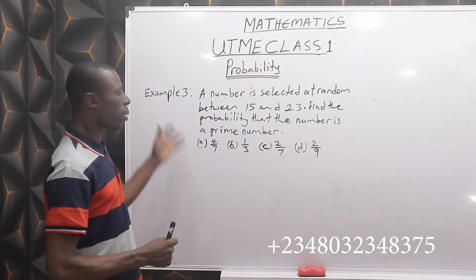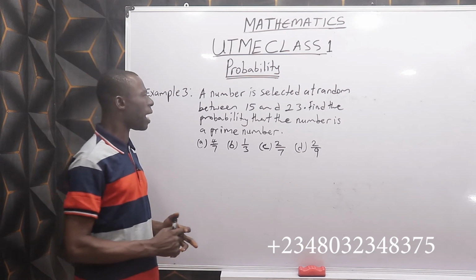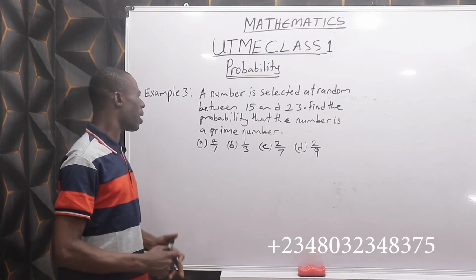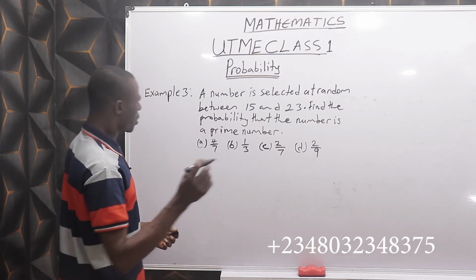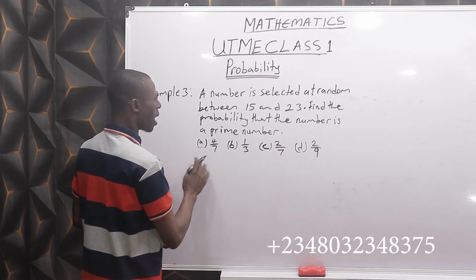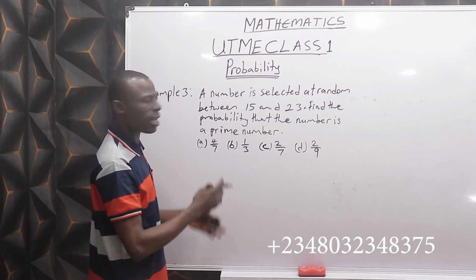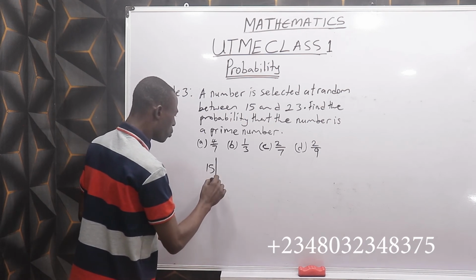Let's consider example 3. A number is selected at random between 15 and 23. Find the probability that the number is a prime number. First thing to do, let's have the number of the items we have between 15 and 23. We have 15. Build a wall.